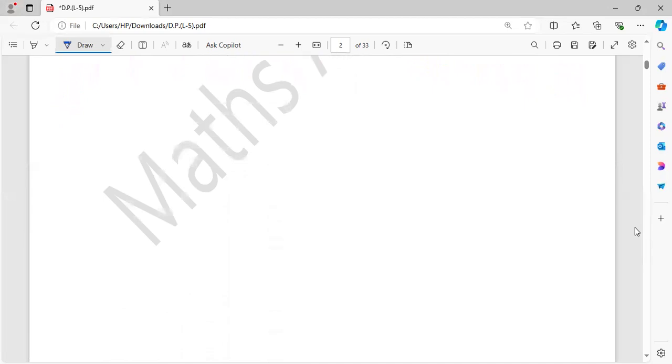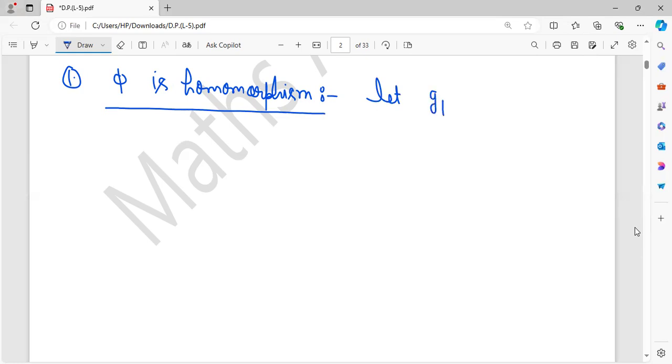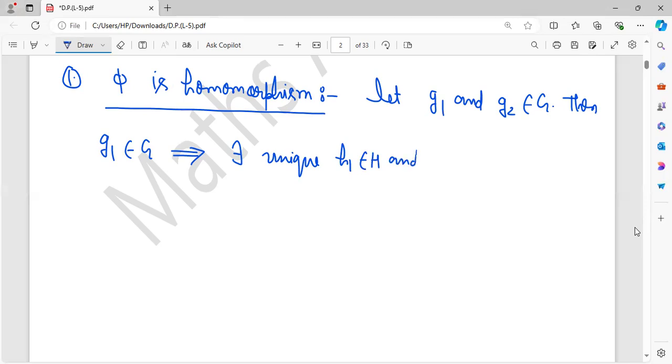So first, phi is a homomorphism. Let g1 and g2 belong to G. Then g1 belongs to G implies there exists a unique h1 belongs to H and k1 belongs to K such that g1 is equal to h1 k1.